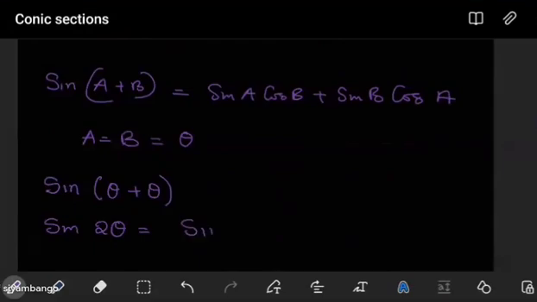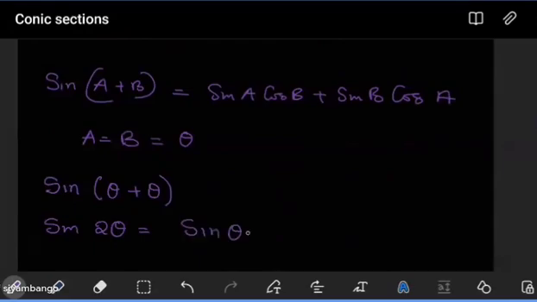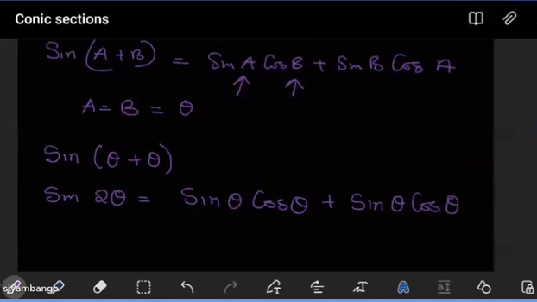Yes. Now we will have sine theta cos theta, because where there is A, I'm putting theta, and where there is B, I'm also putting theta. Then plus sine B, again a theta, then cos A, again a theta. Don't you see this whole thing is the same as this whole thing?